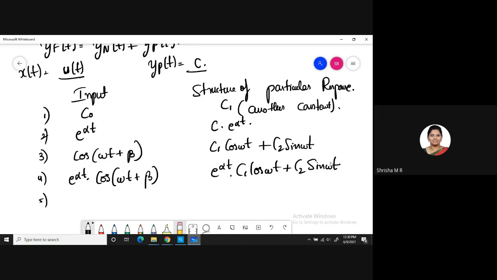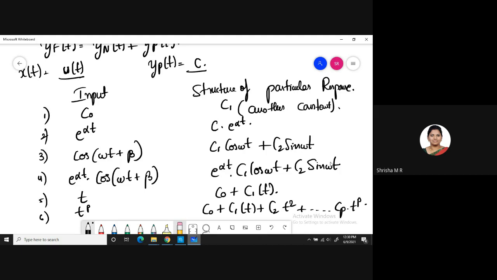And if your input is of the form t, then the structure of particular response will be C0 plus C1 into t. Then if it is of the form t power p, then it will be C0 plus C1 into t plus C2 into t square up to Cp into t power p.